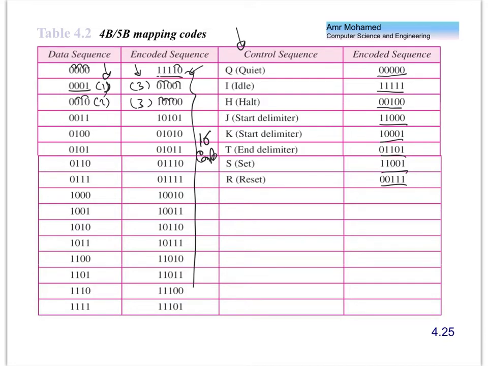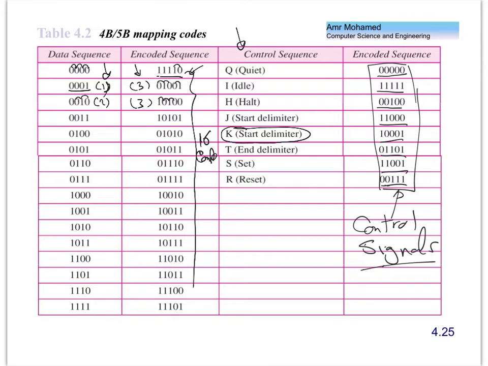So what we do is that we use these combinations as control signals. We use them locally between the physical layer and the data link layer to provide something. For example, we mentioned in Network 1 that we can use the start delimiter to mark the beginning of a frame, and the end delimiter to mark the end of a frame, right?